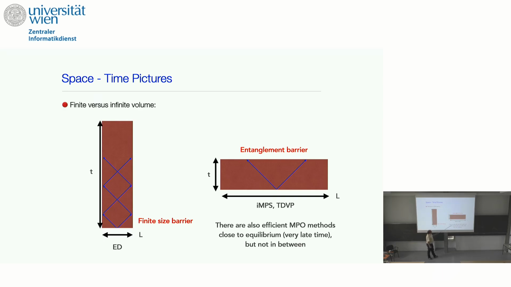But what is missing, so I have not drawn it, is the short time picture, and then the entanglement barrier coming, and if you're close to equilibrium, so very late, you again have efficient MPO methods. But the part in between is actually difficult to handle for matrix or tensor network methods, at least so far. And so in that sense, we have other challenges, but at least the time direction is not so much a problem for us.